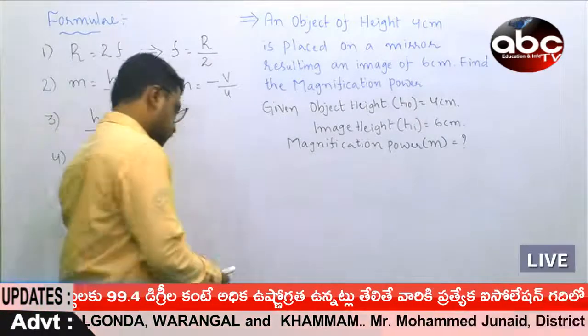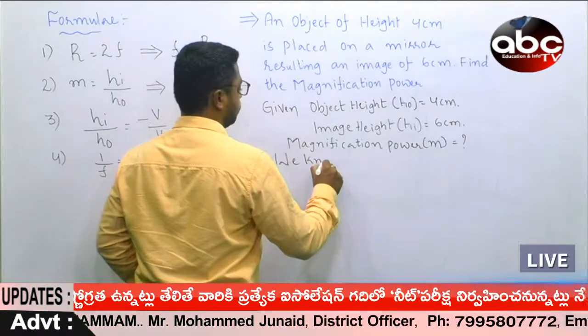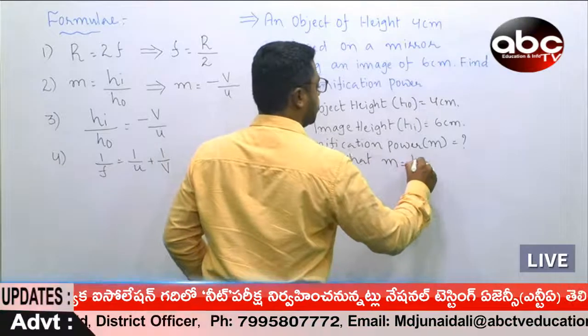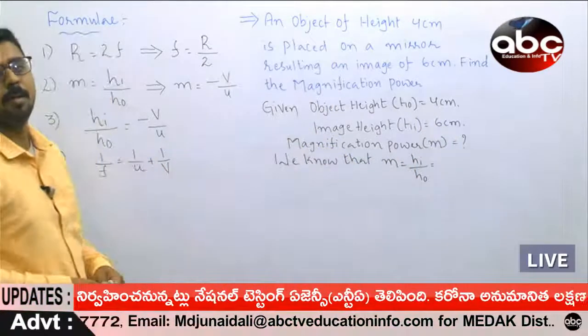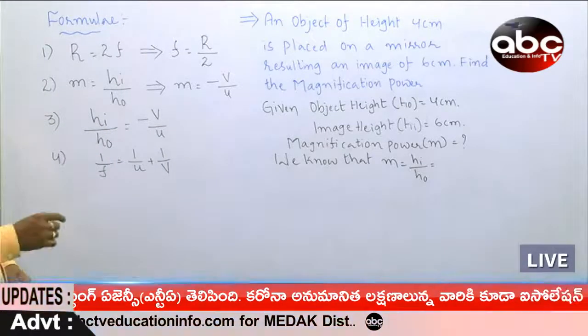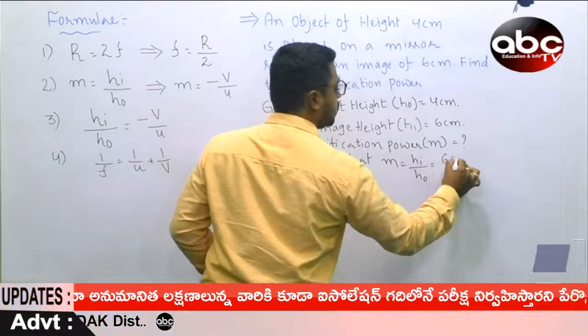So let us now take, we know that M is equal to height of image by height of object. Therefore, what are we going to get? Height of image is equal to 6 centimeter.